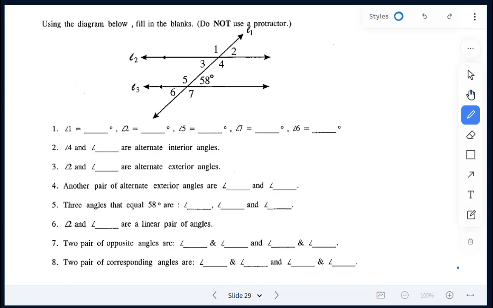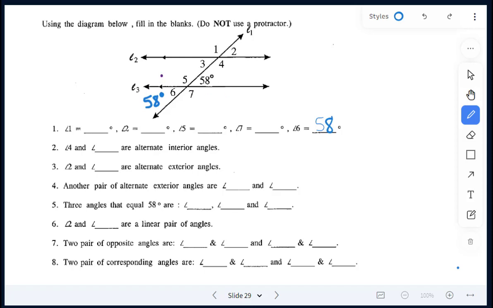Okay, so let's start with down here. Since we know this is 58 degrees, angle 6 will also be 58 degrees. So I'm just going to label that here, 58 degrees, and I'll fill it in right here as well. Angle 5, we can figure out because a straight line makes 180 degrees. So 180 minus 58 gives me 122 degrees.